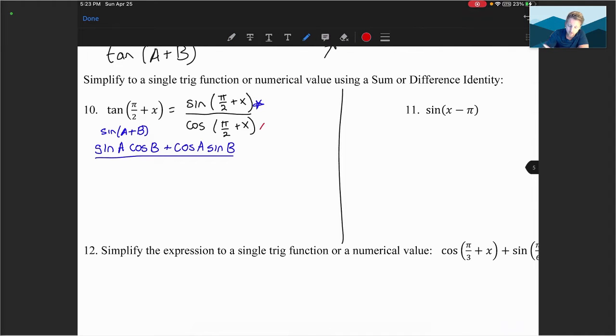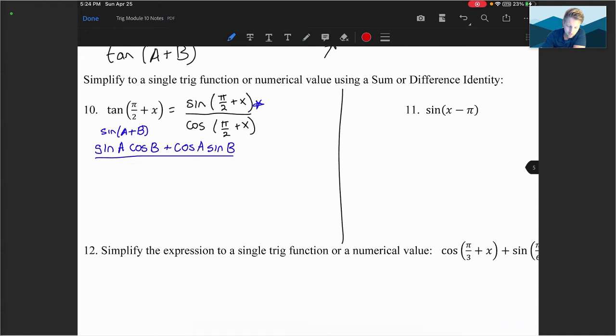In the denominator, the general expression here for cosine A plus B, we can rewrite this as the cosine of A times the cosine of B, and then minus the sine of A and the sine of B. So this is the expression I want to fit, and my A and my B are known, pi over 2 and x.